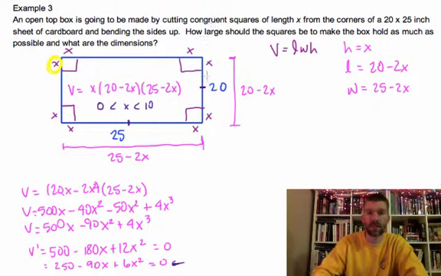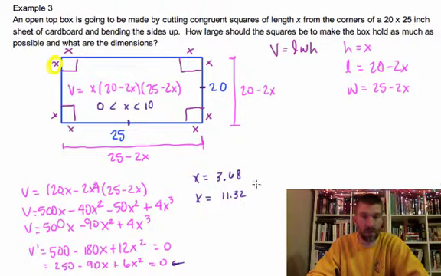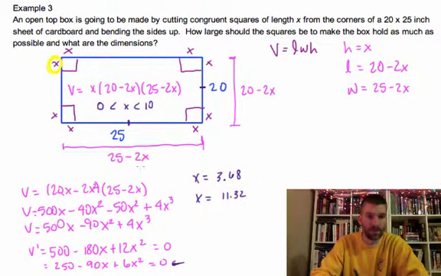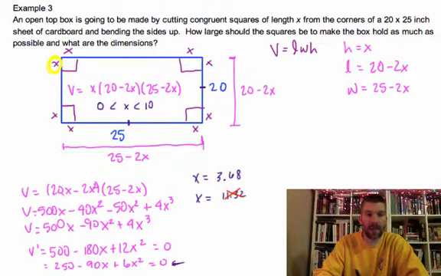So when you punch this into your calculator, you're going to get x equals 3.68 and x equals 11.32. When you graph it and find those zeros, these are the two zeros you get. This one we're not going to use. Why? Because it's outside of the range of values that are possible for this particular problem. So the answer for us is x equals 3.68.